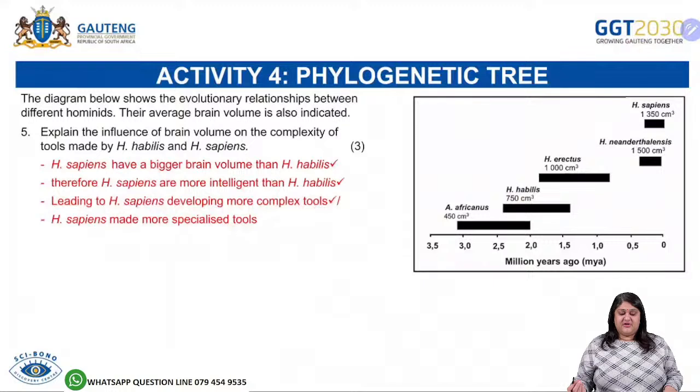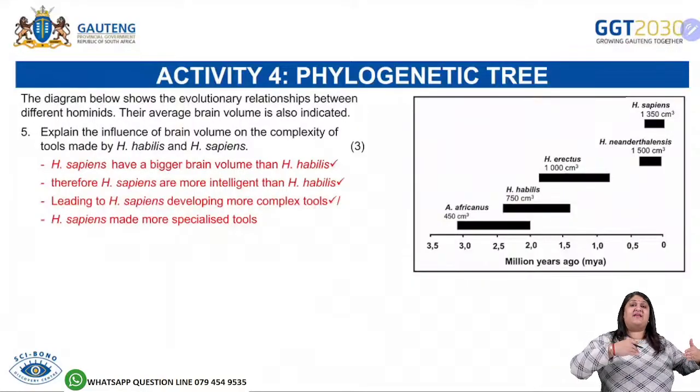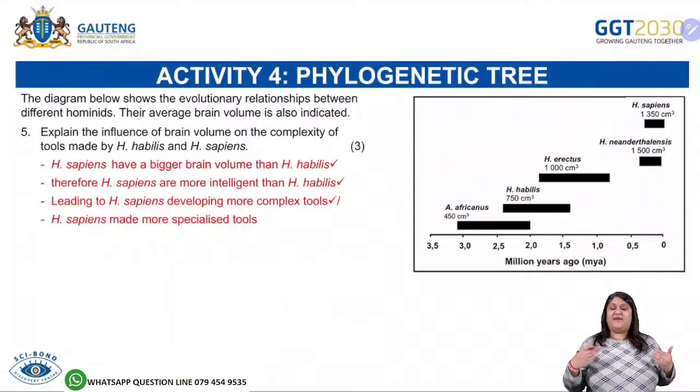But what I need you to understand about this is that we have this progression, right? We have this progression of a species. So the ones that were there long ago were more primitive, and as time went on and as they evolved, they became more intelligent, and they progressed.